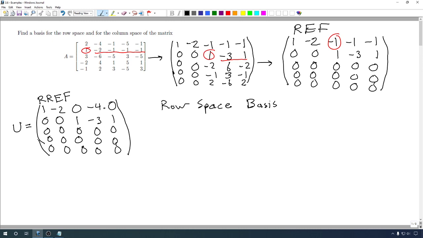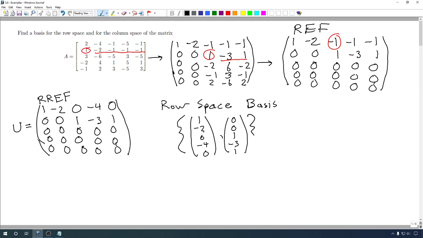So we're going to take these first 2 rows, so 1, -2, 0, -4, 0, as our first basis vector. And then 0, 0, 1, -3, 1 as our second basis vector.